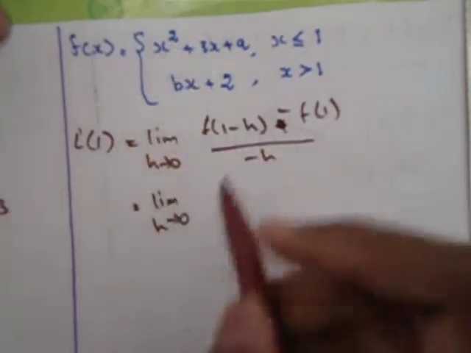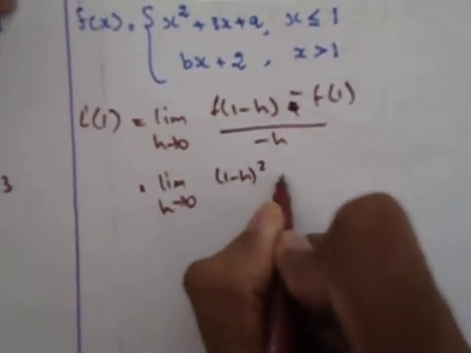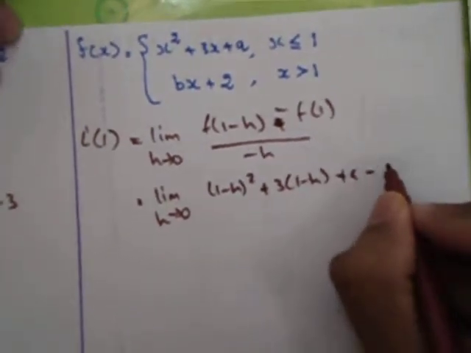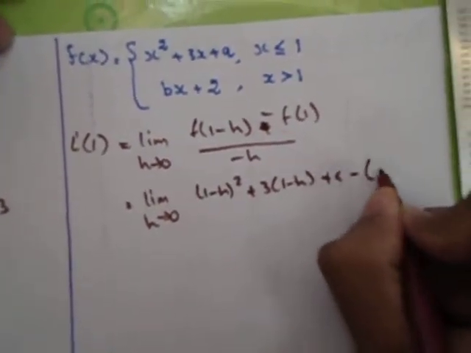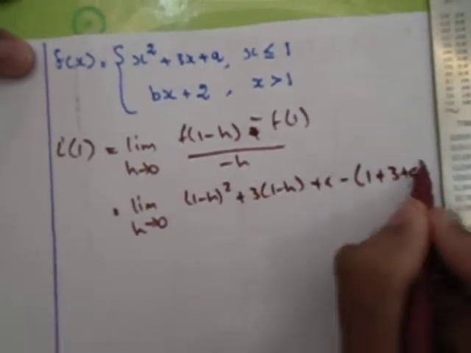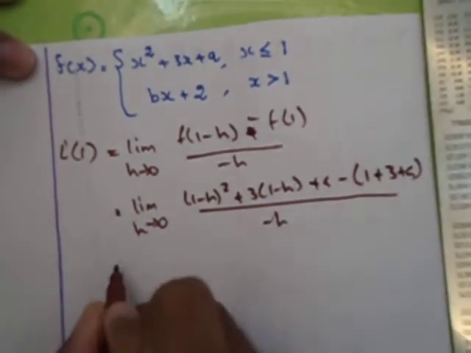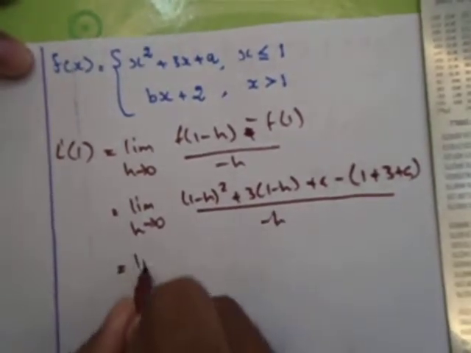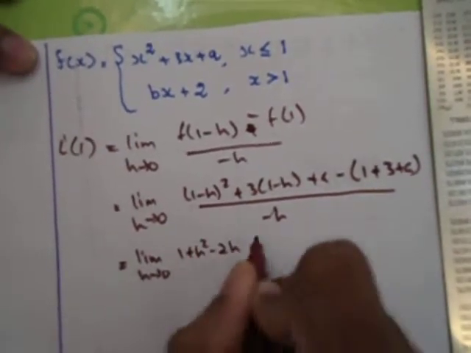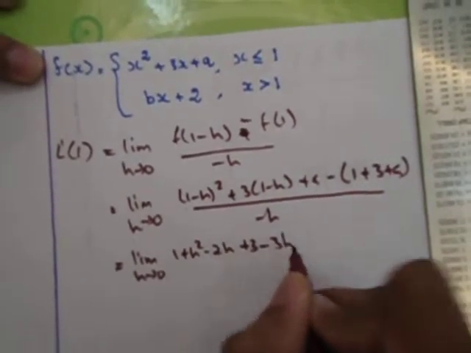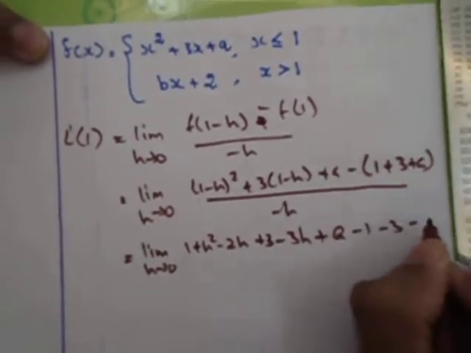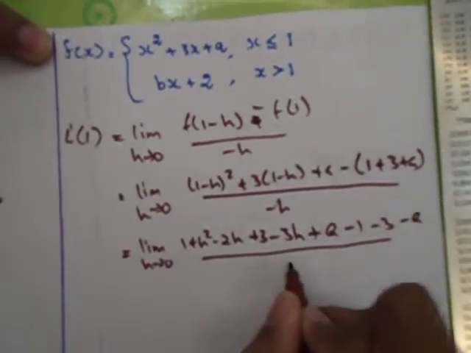When we substitute this here, we get 1 minus h whole square plus 3 into 1 minus h plus a minus 1 square is 1 plus 3 plus a divided by minus h. So let's expand this. We get limit h tends to 0 1 plus h square minus 2h plus 3 minus 3h plus a minus 1 minus 3 minus a by minus h.